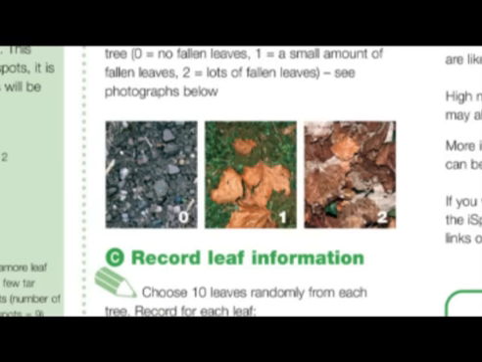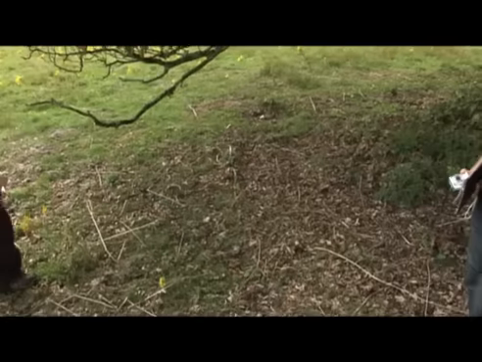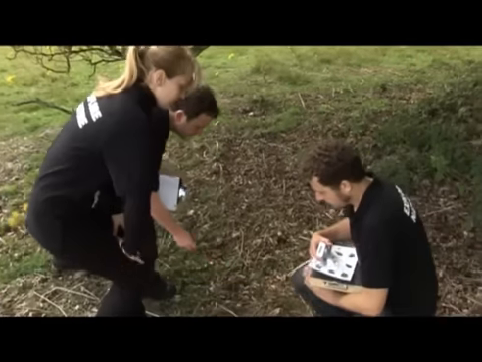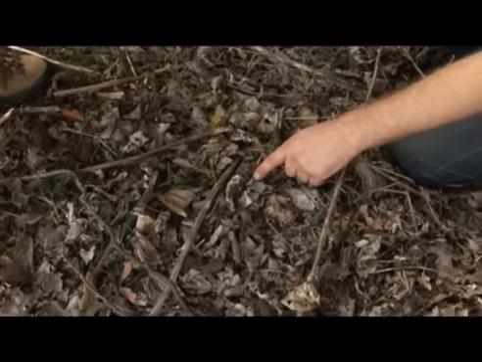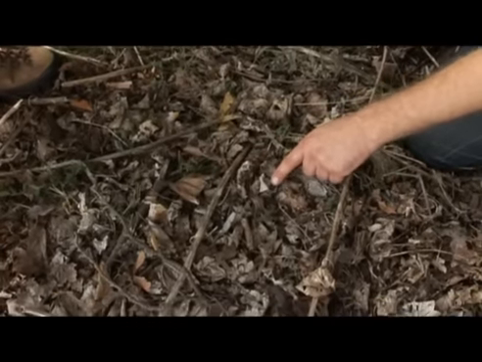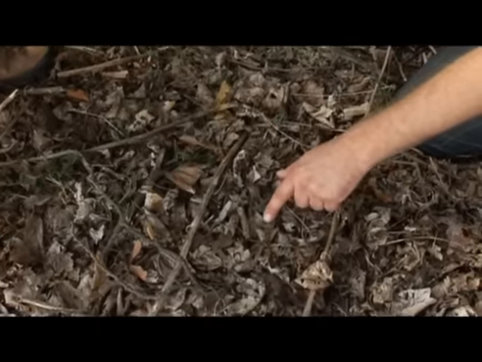Look under your tree for fallen leaves and give them a score. 0 means there's no fallen leaves, 1 means there's a small amount of fallen leaves, and 2 means there's lots of fallen leaves. This is important since the fungus overwinters in the fallen leaves.